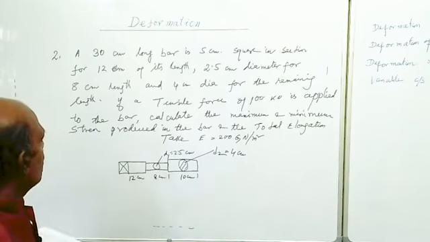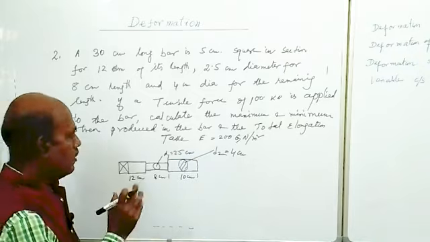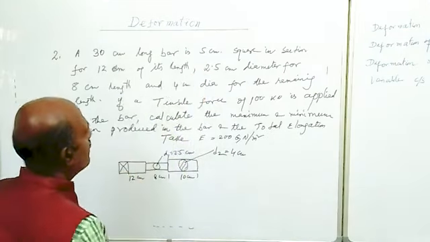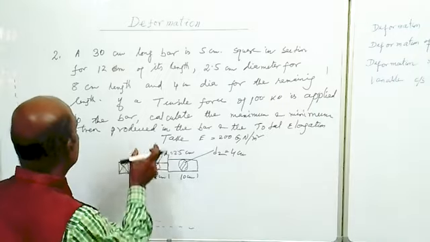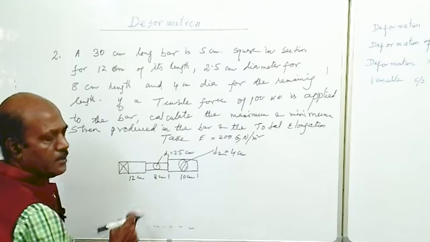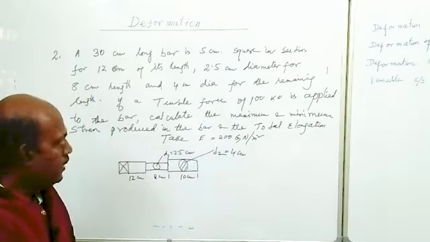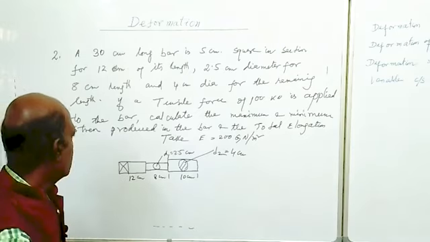The first section is a square cross section, 5 centimeter square, of length 12 centimeter. The second section is of 2.5 centimeter diameter and length 8 centimeter, and the third section has length 10 centimeter and diameter 4 centimeter.